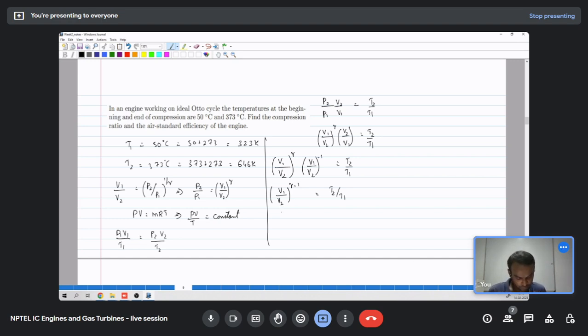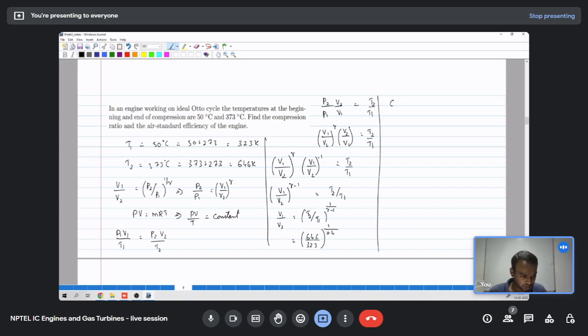And V1 by V2 is equal to T2 by T1 power 1 by gamma minus 1. That is 646 by 323 power 1 by 0.4.